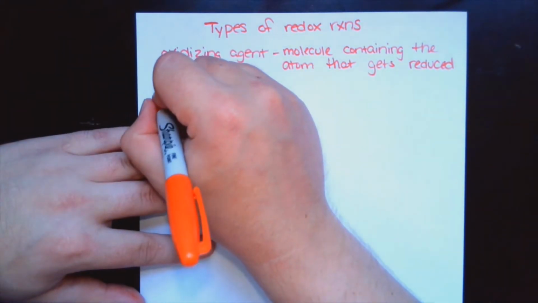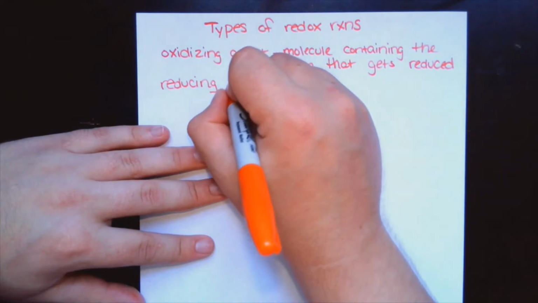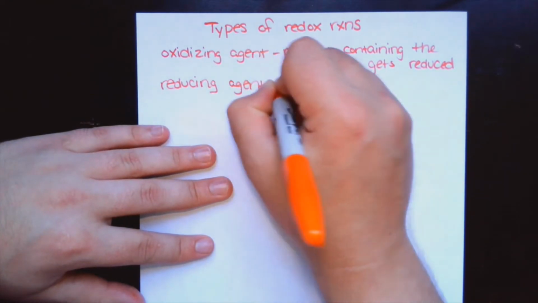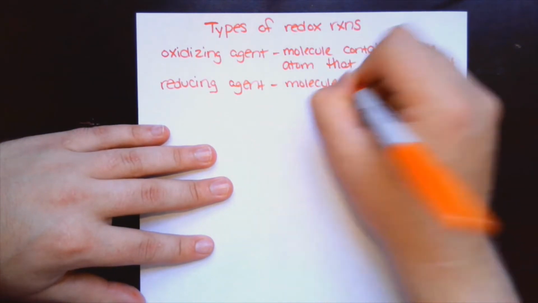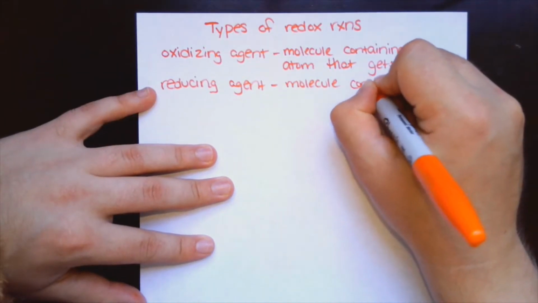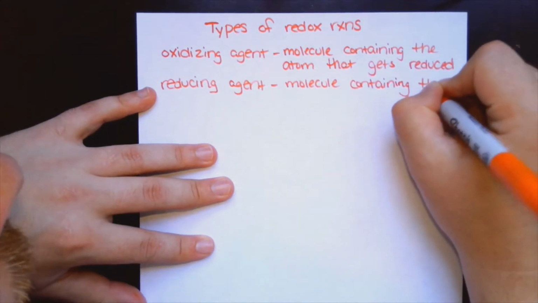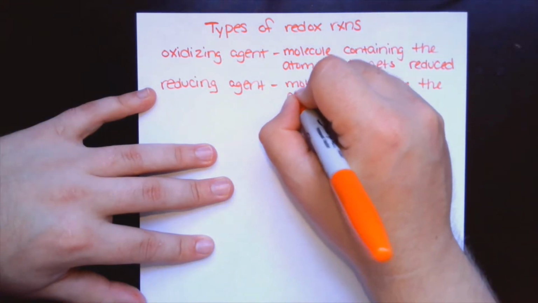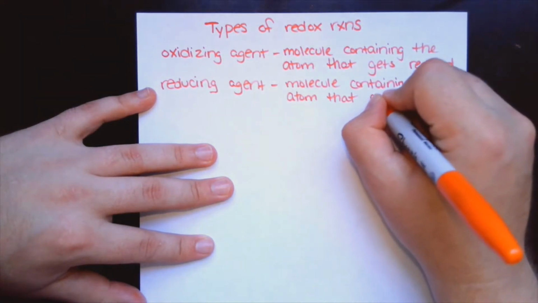And then there's a reducing agent, basically the inverse of this. And it's a molecule containing the type of atom that gets oxidized.